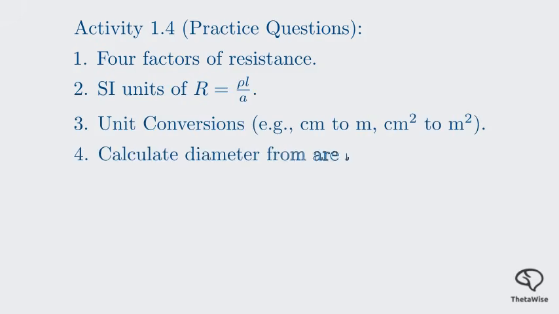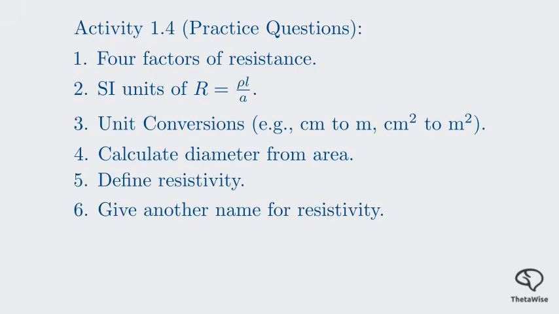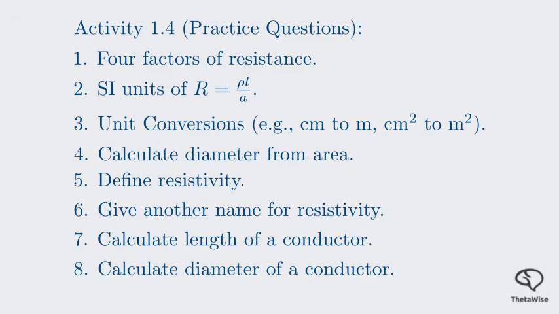Question 4 has you calculating a diameter. Question 5 is a definition, and question 6 asks for an alternative name for resistivity. The final 2 questions, 7 and 8, are longer calculation problems, similar to the examples we just worked through. Mastering these will build a strong foundation for your studies.